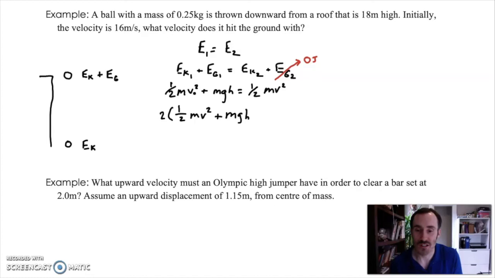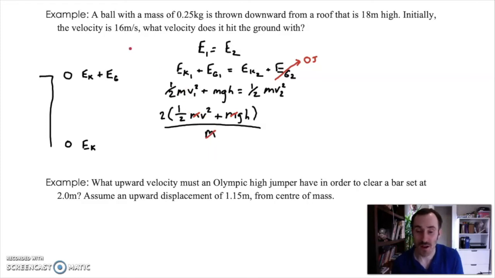I really should say this is mv1 squared and this is mv2 squared. If we get confused that they're not the same thing, we could end up canceling them out, so we need to be careful about that. This is divided by mass. You'll notice that there's mass in every term here, and dividing by mass just ends up canceling these things out. The question did tell us the mass of the ball, so you could put it in if you wanted to, but in this case, it's not necessary. So our mass gets canceled out.